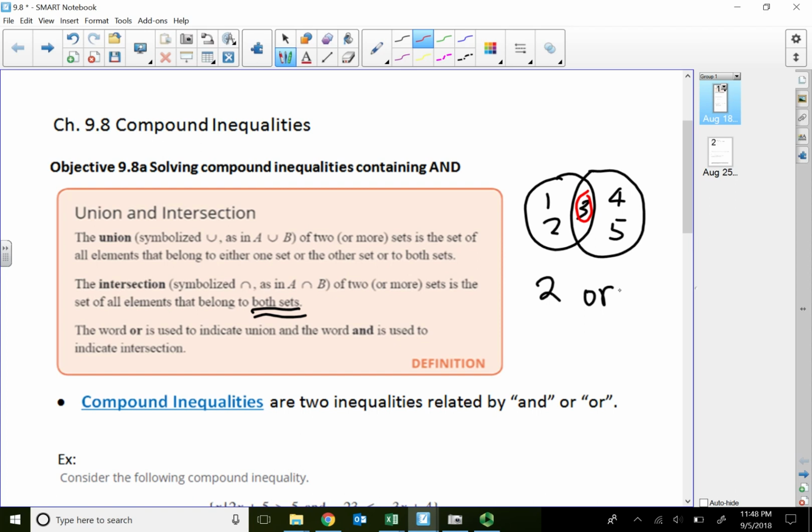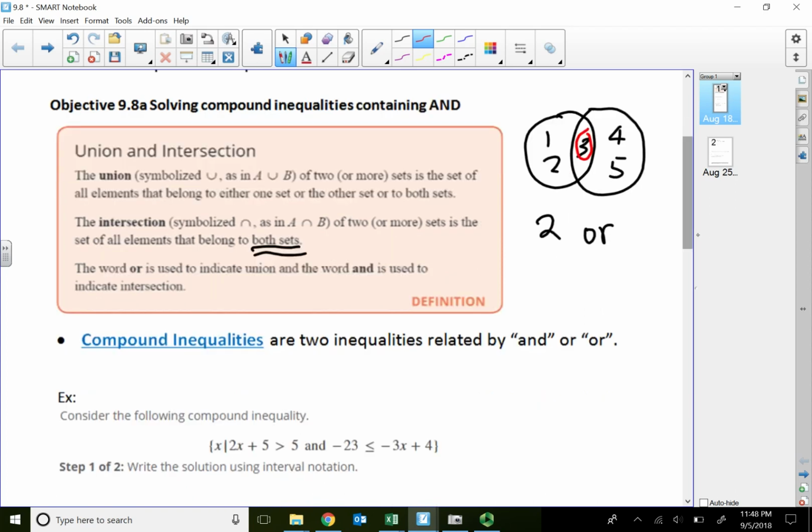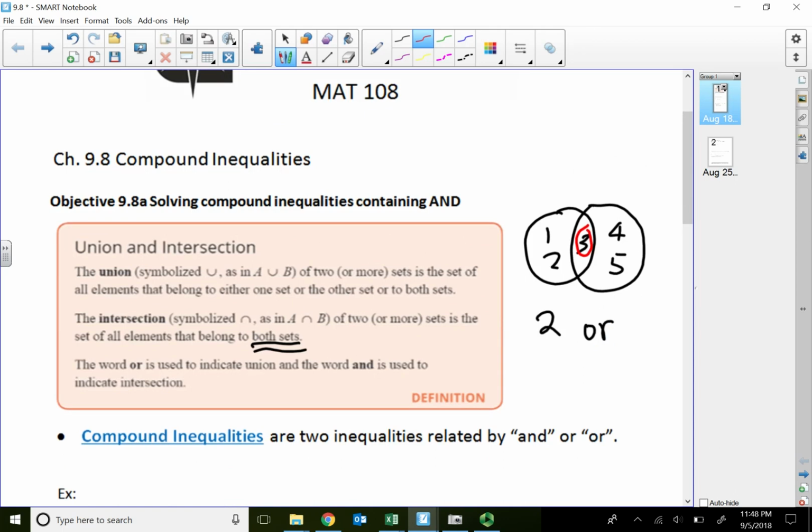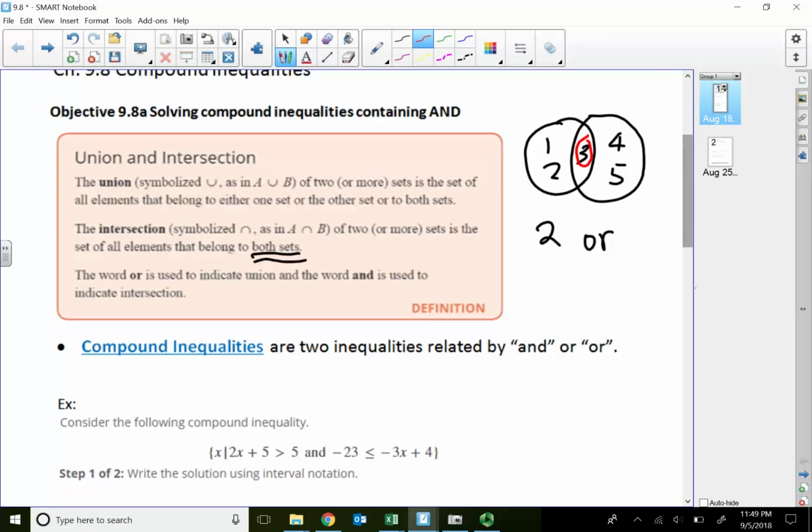All the other numbers belong to either one set or the other, but the 3 belongs to both of them. So that's why it belongs to the set on the left and the set on the right. That's a very quick, brief explanation of the words union and intersection.